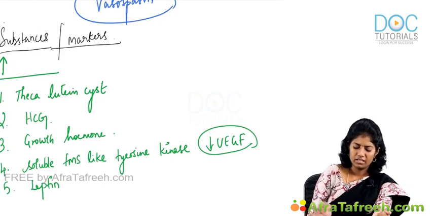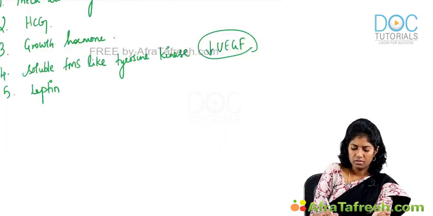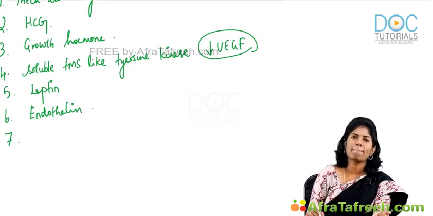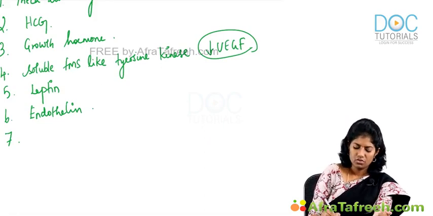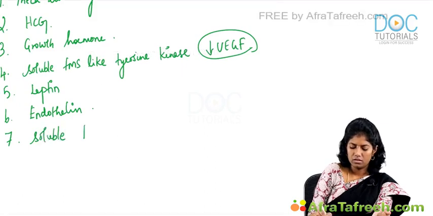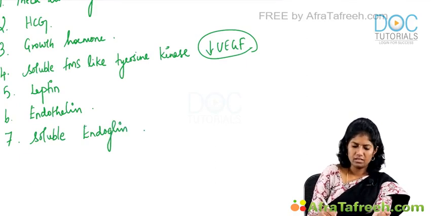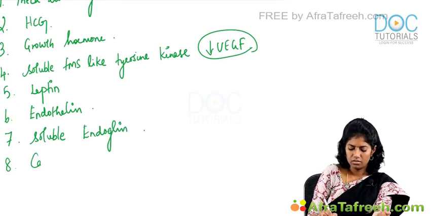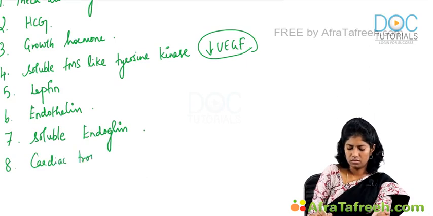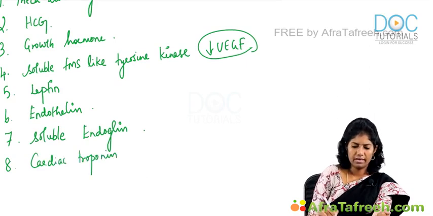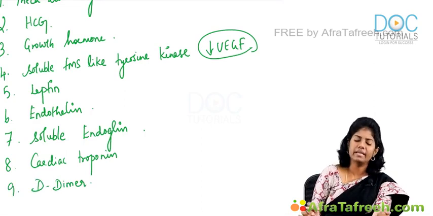Next is endothelin. Endothelin is a vasoconstrictor which again is increased in preeclampsia. Next is soluble endoglin. Next, cardiac troponin. Next is D-dimer, elevated levels of D-dimer.